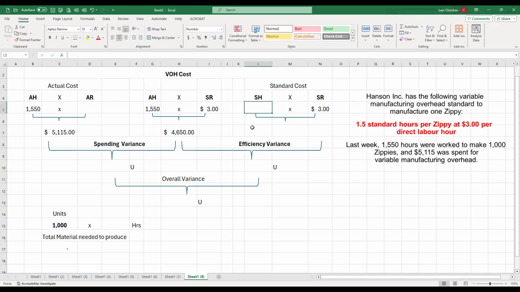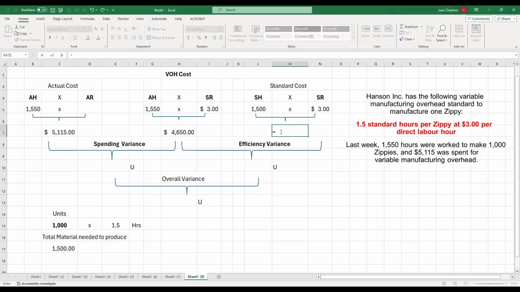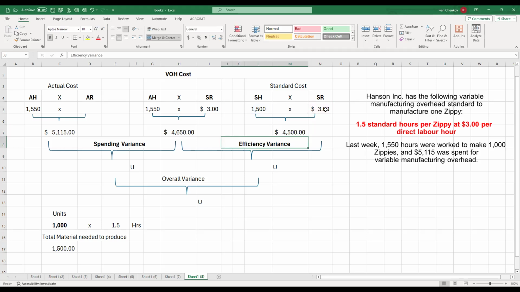The last thing that's left is the standard hours for the overhead. We produce 1,000 units, and based on our standards, we're applying overhead based on 1.5 hours, correct? Yes. So how many hours do we need? 1,500. 1,500 times 3, that's $4,500.